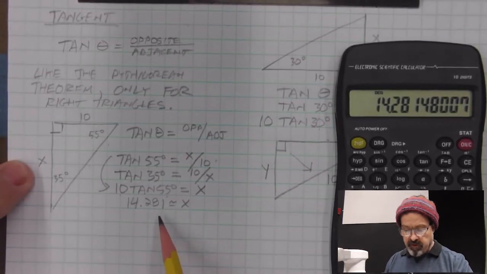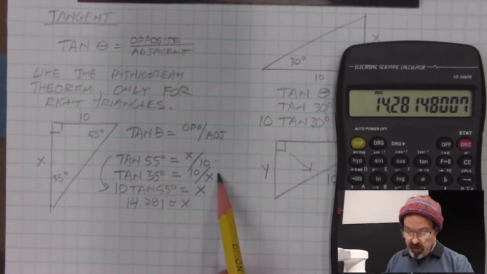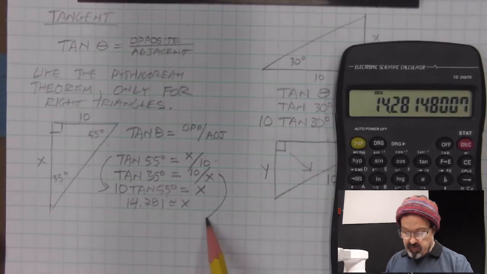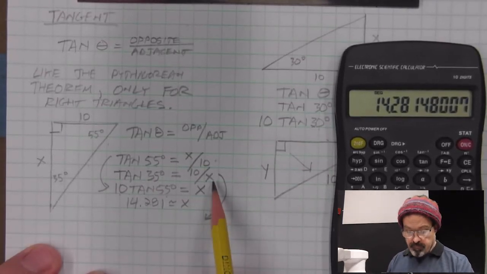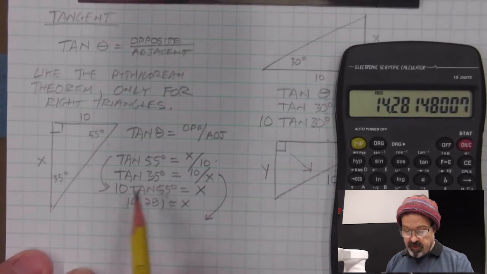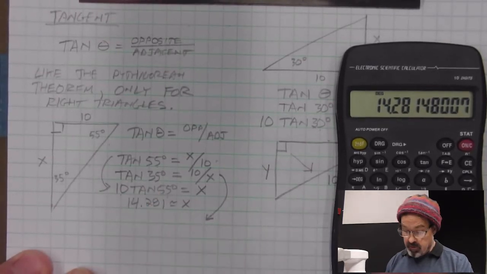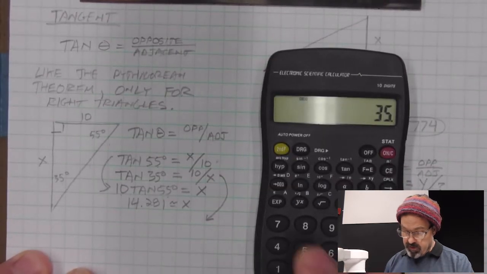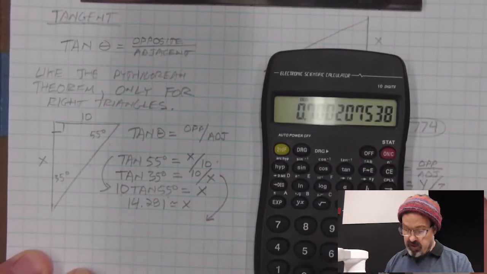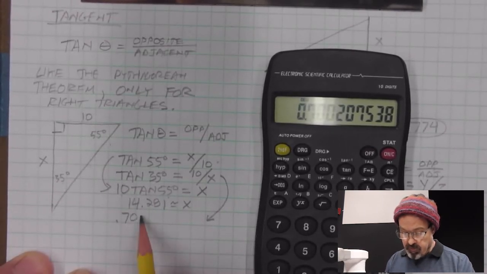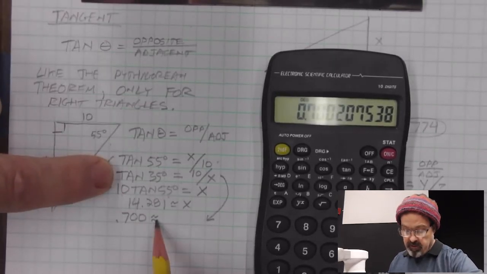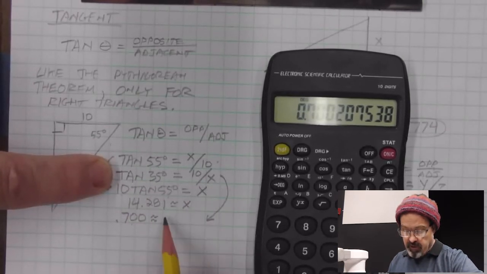I found the side measure. It's approximately 14.281. But what if I had set up the equation the second way? Would I get the same answer? Well, let's see. In this case, I'm going to take the tangent of 35 degrees first. I'm going to get an approximation with my calculator, 35, hit the tangent key. The tangent of 35 degrees is approximately 0.700. And that's going to be approximately equal, because I'm working this line here. I've just taken the tangent of 35 degrees, but it's still equal to 10 over x.